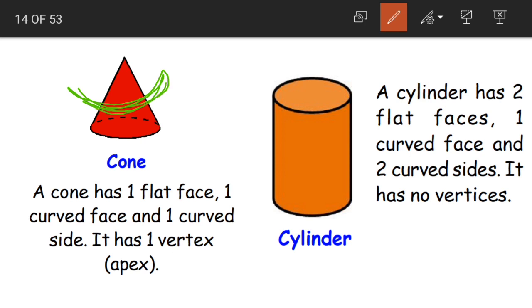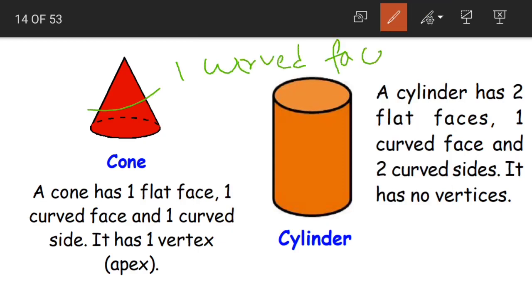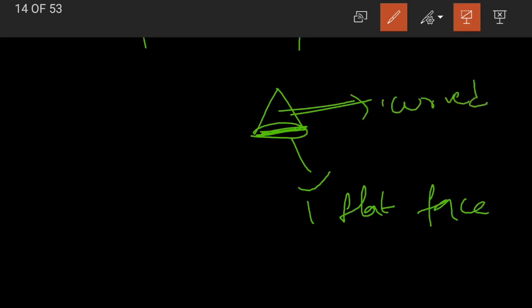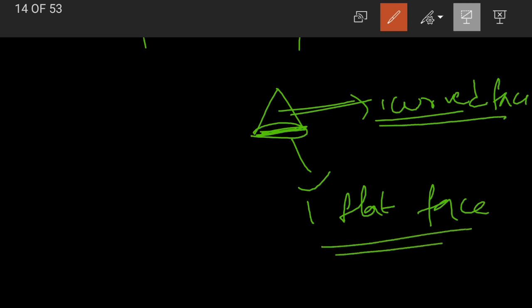It is curved. So our cone has one curved face, and then here below, when you take a cone like this, you'll have one flat face at the bottom, and the other is this curved face. So our cone has 2 faces, one curved face and one flat face.